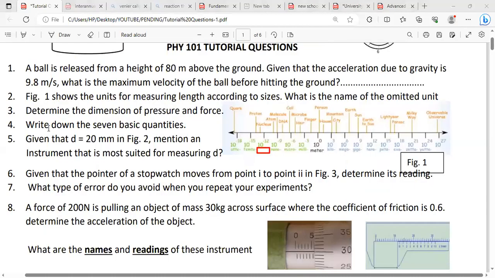This one says, Figure 1 shows the units for measuring length according to sizes. What is the name of the omitted unit? We look at this figure here. It comes with some units.